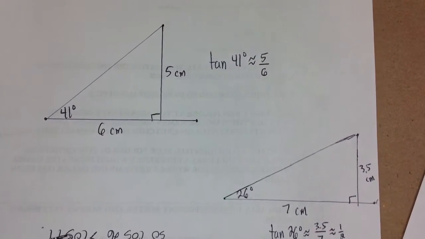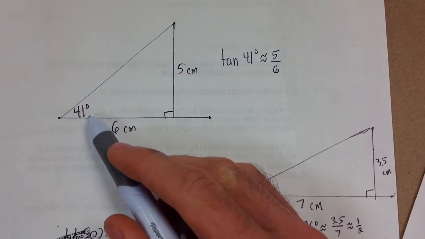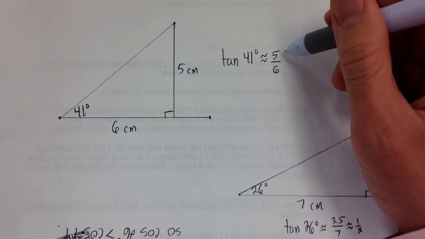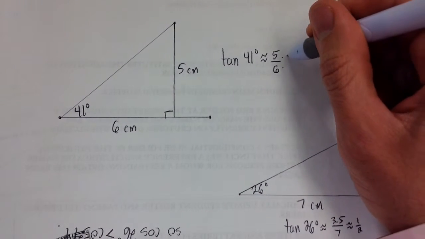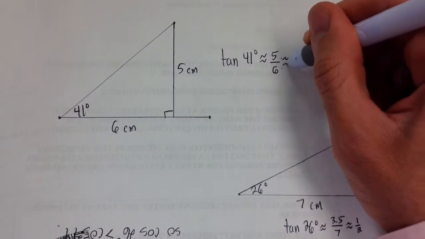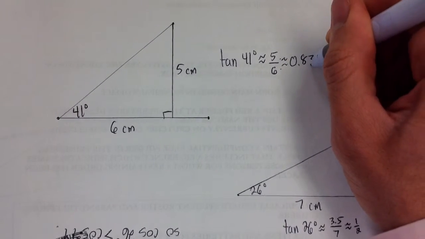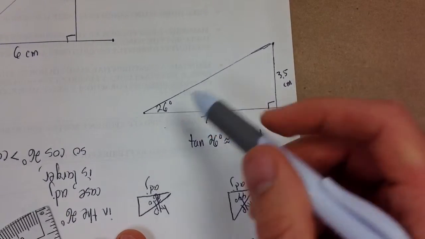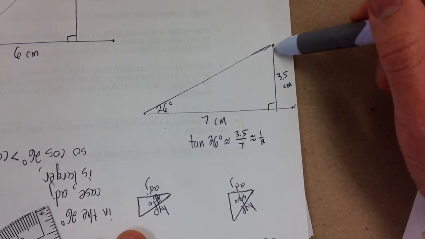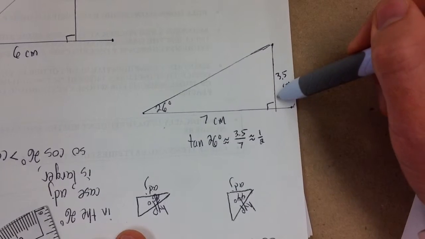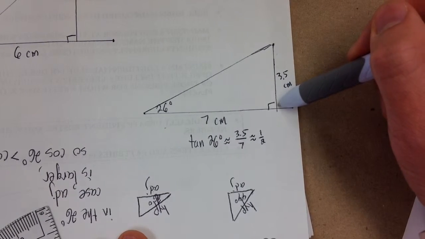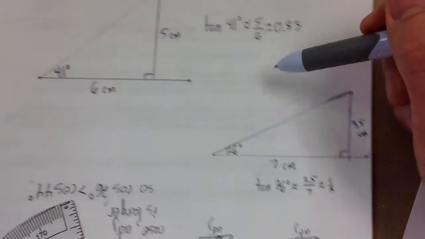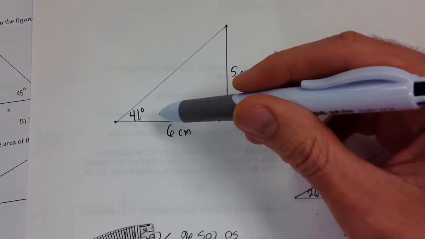So you can see here that for the 41 degree situation, the ratio is larger. It's 5 to 6, which is about 0.83. Here for the 26 degree situation, the opposite side is smaller than it is for the 41 degree situation.